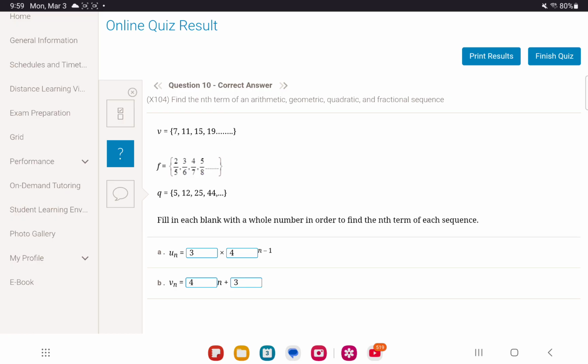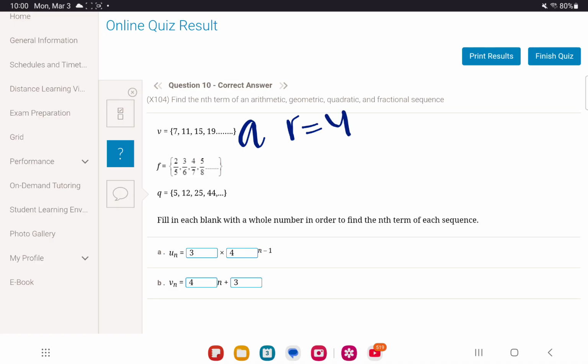Now let's do 11 minus 7. That's 4. And then 15 minus 11 is 4. And then 19 minus 15 is 4. So it's arithmetic, and the common difference, or whatever it's called, is 4.